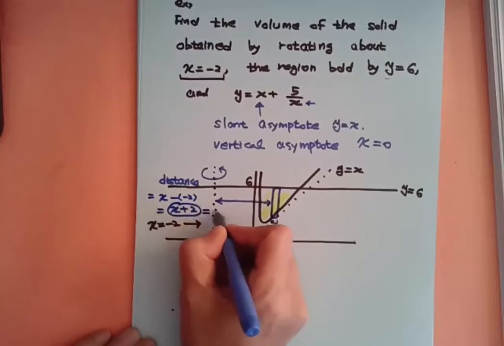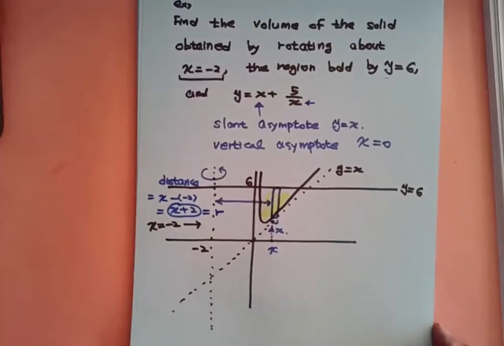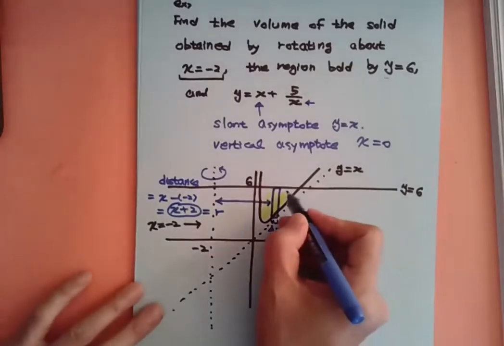That becomes r, the radius of the cylinder. To fit into the formula, we have to calculate the height.